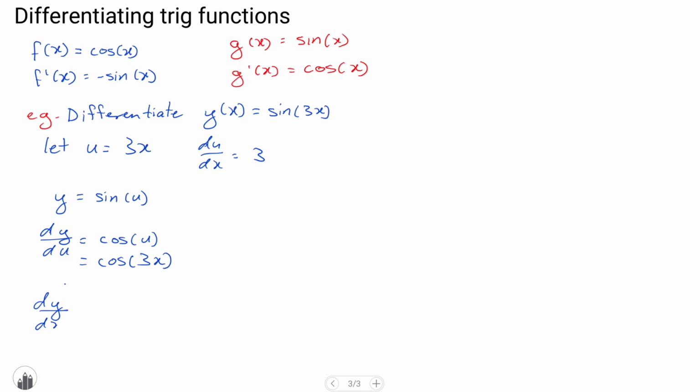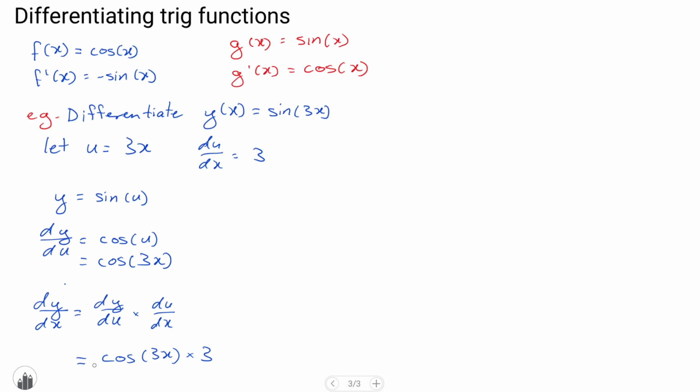Now we've got dy by du, we've got du by dx, so we use our chain rule in much the same way as we have been doing. dy by dx is the same as dy by du times du by dx. What is that going to be? Well, that's going to be dy by du, which is cosine 3x, times, what was du by dx? du by dx was 3, so times 3.